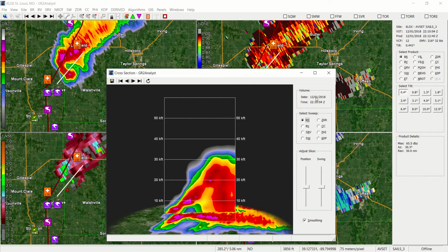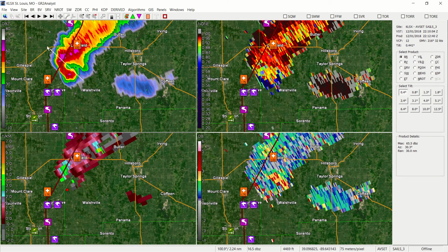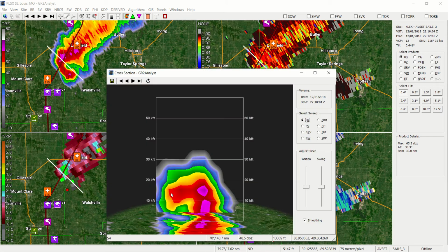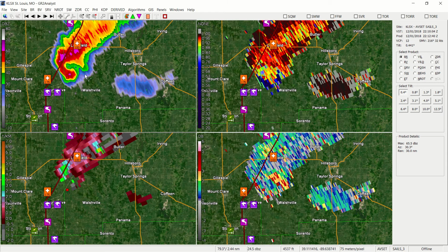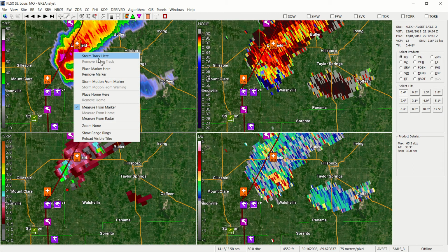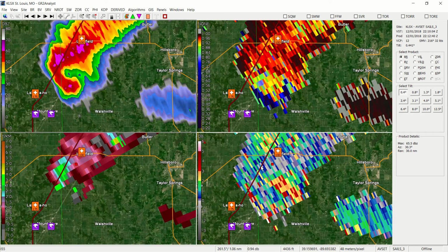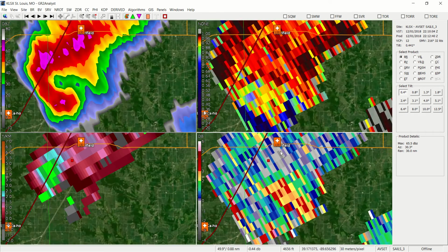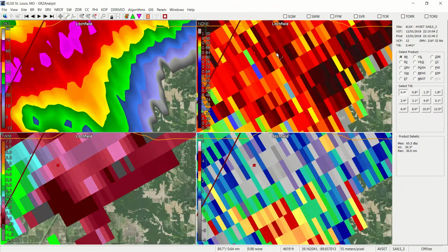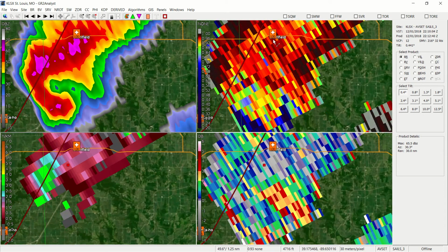So bounded weak echo region. Let's go through the updraft of that. You can see nice hook, good hail core. Place a 1-inch hail, it says it's coming from, but we can place a marker here, and we can see that we have good lower ZDR values associated with that, and then obviously we're getting some lower KDPs.